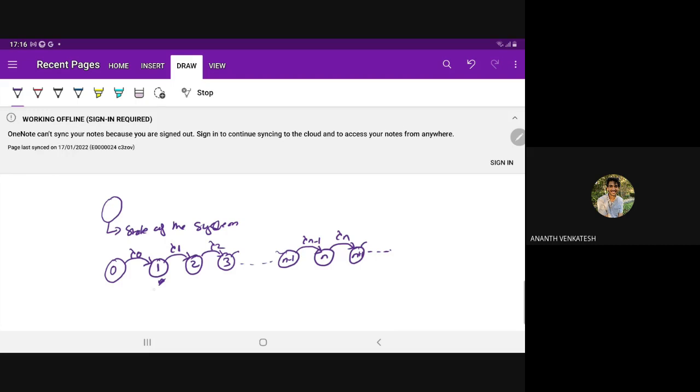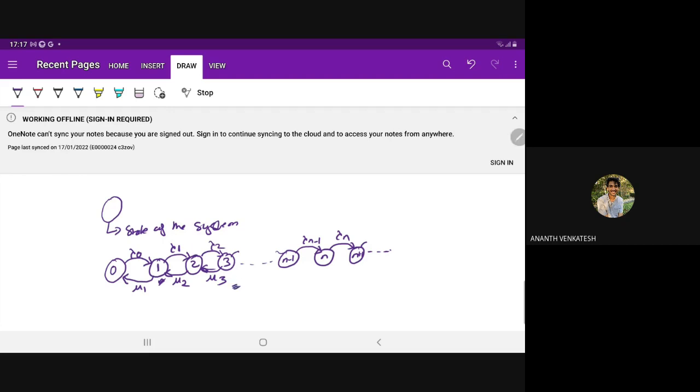Thereafter, if there is one customer, then you provide the service with the rate mu1. If there are two customers, then provide the service with rate mu2. If there are three customers, provide the service with the rate mu3. As you are providing the service, the number of customers will reduce, so the state of the system will change.